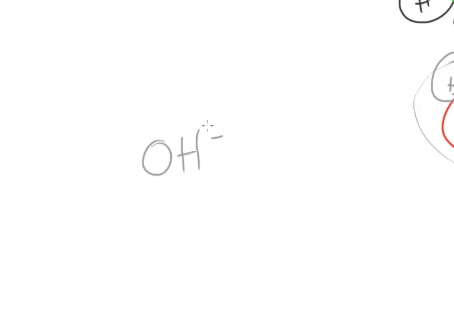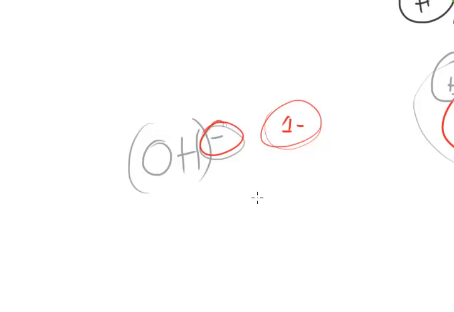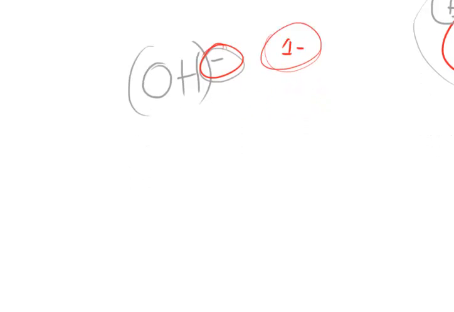Now, what is the oxidation state of this hydroxide ion? If we're asked that, we just look at this charge, which is, as you can see, 1-, and we'd say that the oxidation number of this ion is 1-. It's just the overall charge, so it's a very similar concept.